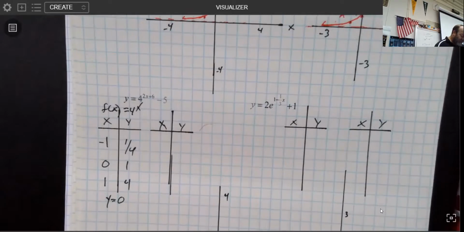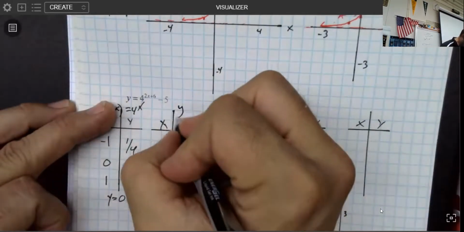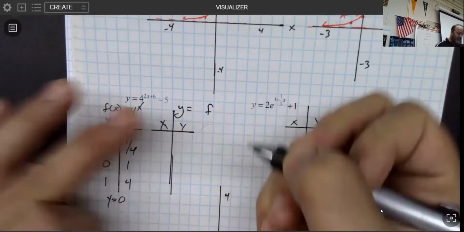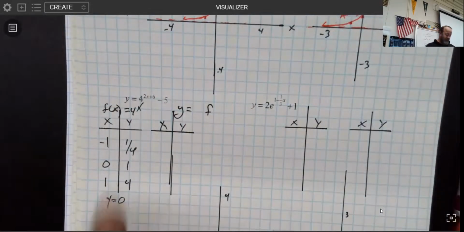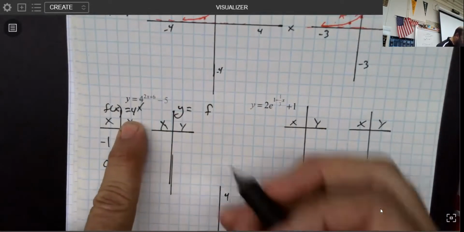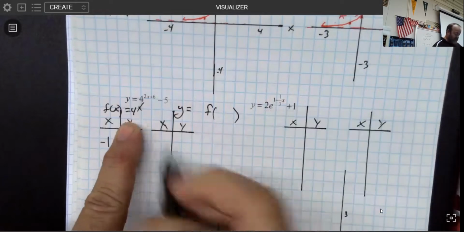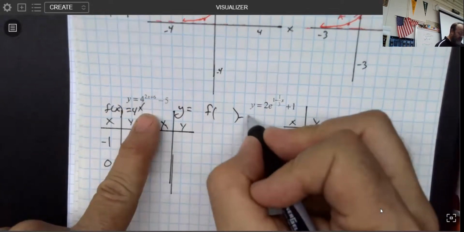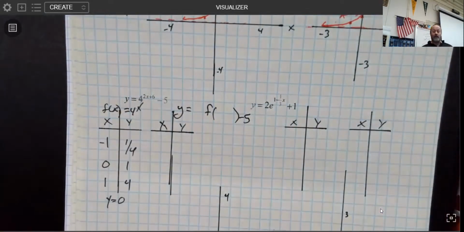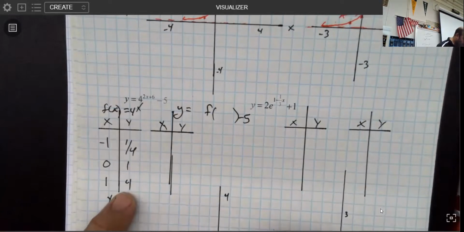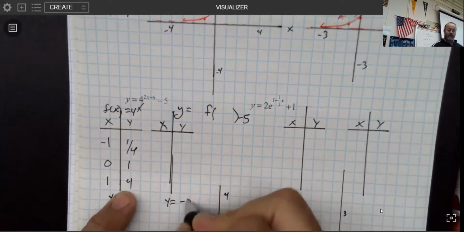But now we want to figure out what is this new y that somebody created, because it is a modification of f itself. So if f is this guy right here, well, not much happened on the outside of this function. The only thing that happened on the outside is this -5 right there, which means I know that every y value has been slid down 5 numbers. So this y equals 0 has become y equals -5.